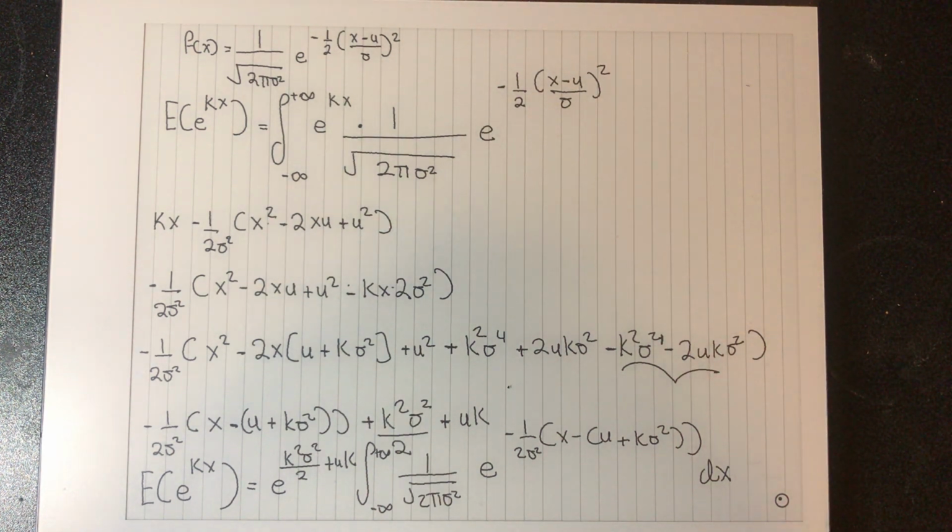So the moment generating function ends up to be equal to the e to the power of k squared multiplied by sigma squared over 2 plus uk, as this component over here evaluates to simply equal 1.